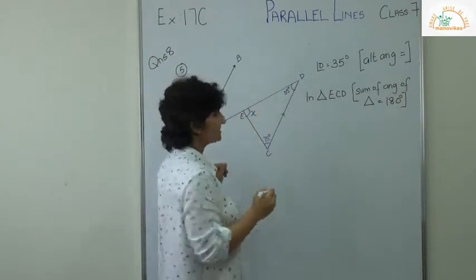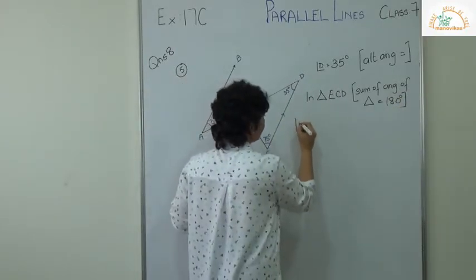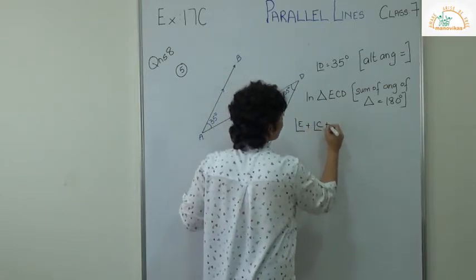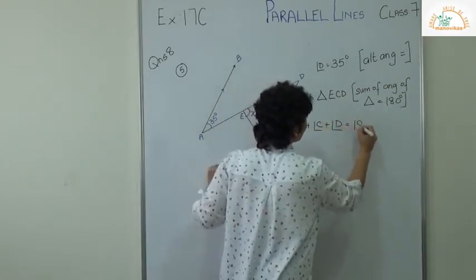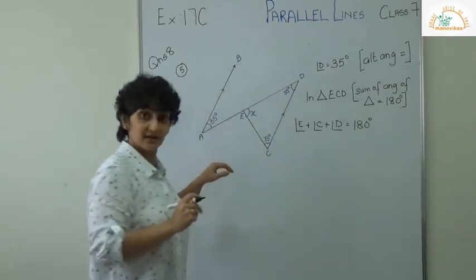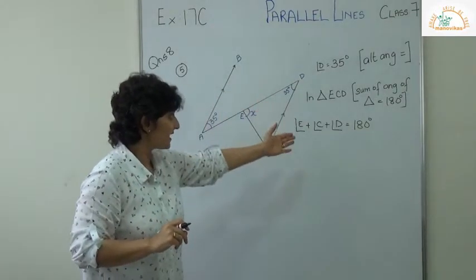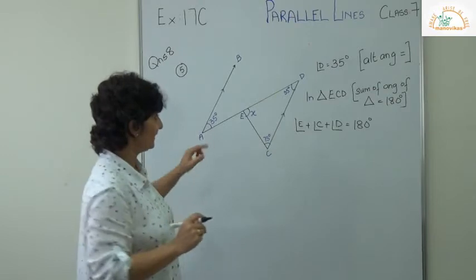So in triangle ECD, what do you get? Angle E plus angle C plus angle D is equal to 180 degrees.